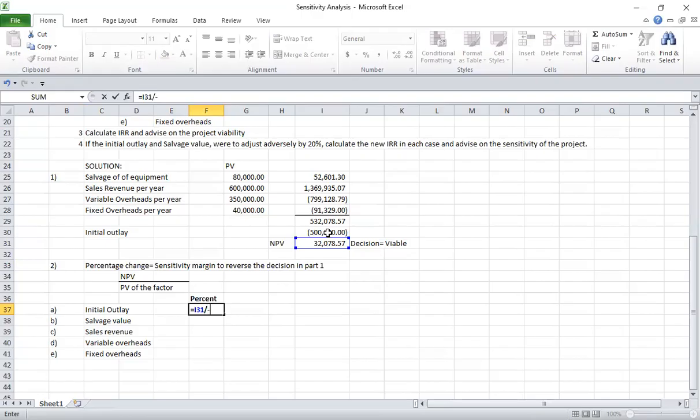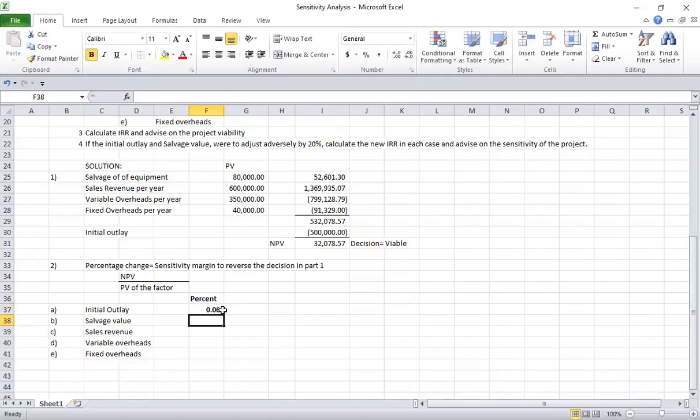So I'll start with the negative. I then pick the 500,000. I am introducing this negative so that I convert the 500,000 to a positive, because I'll want the percentage as a pure positive. And so what does that give us?